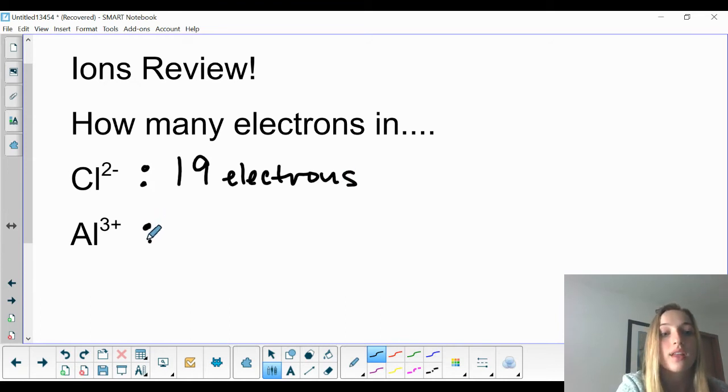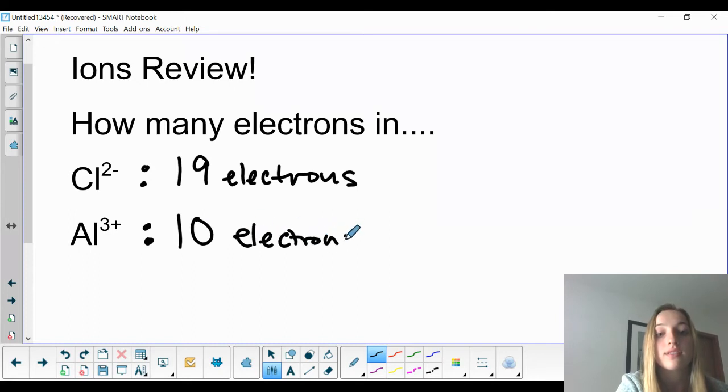So to have a +3 charge, you're going to have 10 electrons. This is what we are going to use when we are doing our electron configuration. There's just one extra step while we're doing this. We first have to figure out how many electrons. We can't just go based off of the periodic table.